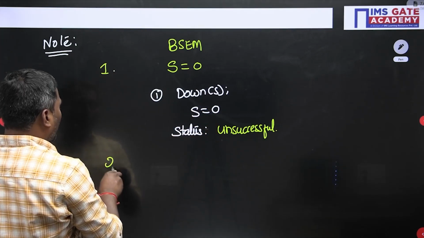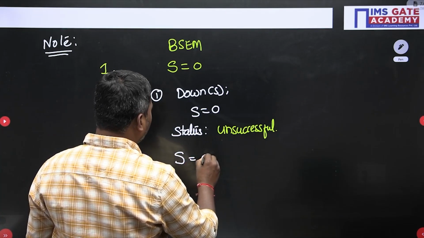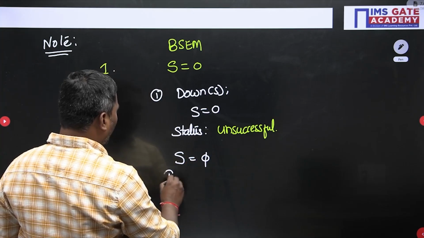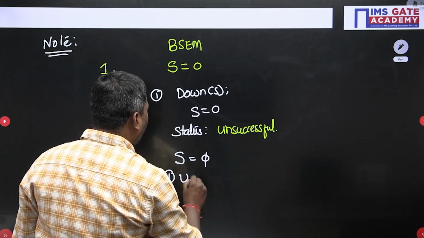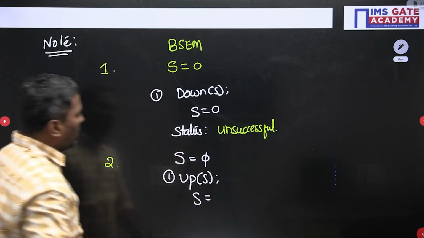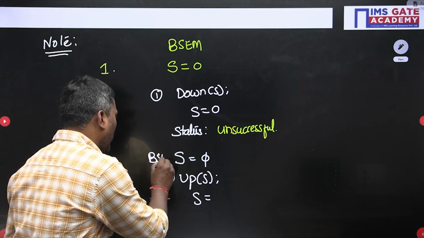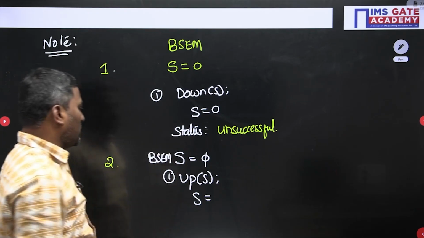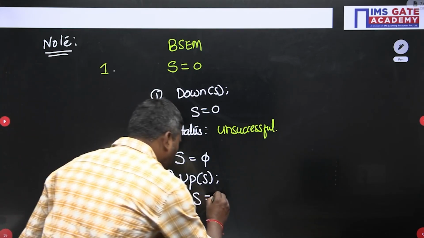Point number 2, understand. Binary semaphore S equal to 0, and I perform the up operation on S. What is the S value? Initially S equal to 0, I perform up on S, so this becomes 1.